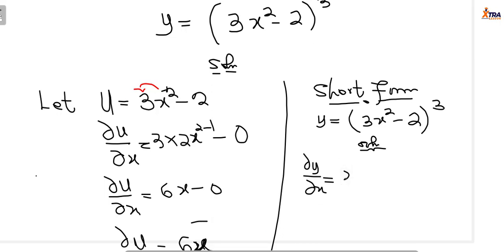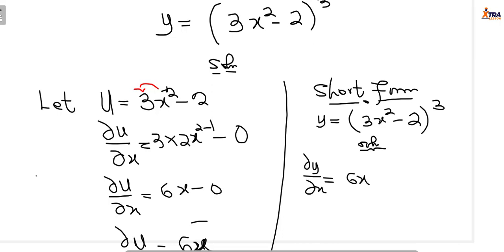We're having 3. I'll first differentiate the inside anyhow. Differentiate the 3x squared here, we're having 6x.